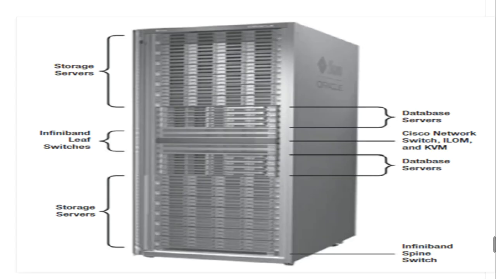So this is the full Exadata rack machine. The first layer is storage servers, another layer is database servers, the third layer is InfiniBand leaf switches, and there is the Cisco network switch. Then the fourth layer is again database servers, and at the bottom layer storage servers, and again the InfiniBand spine switch.